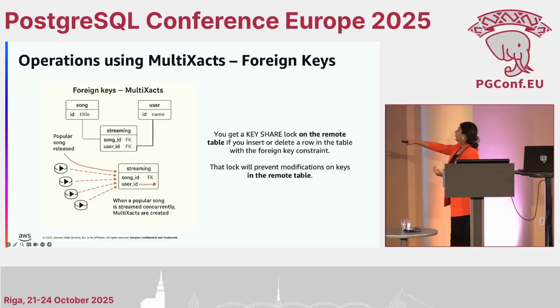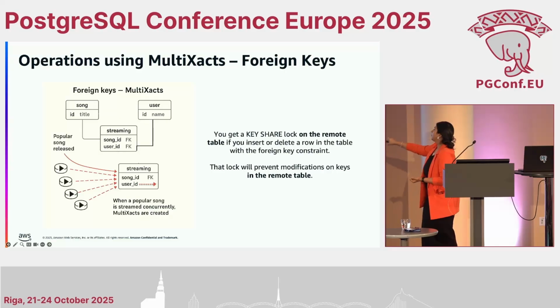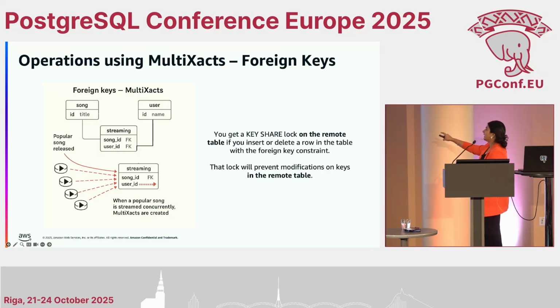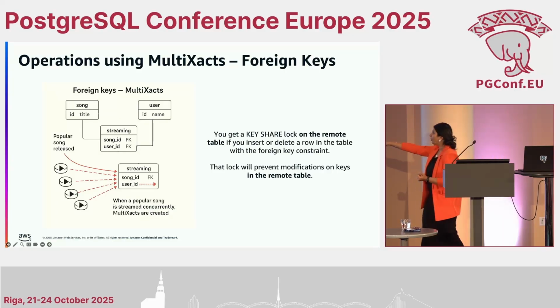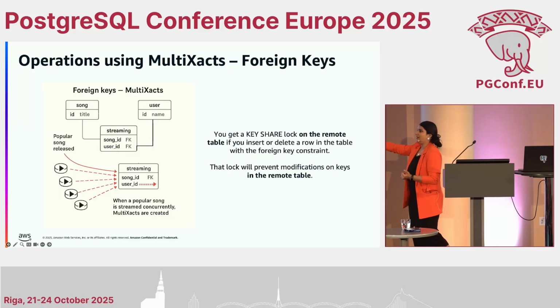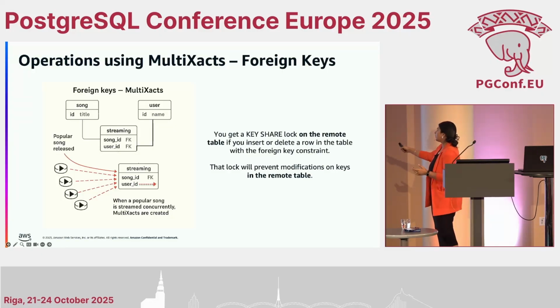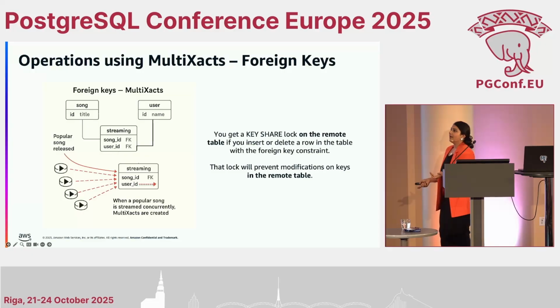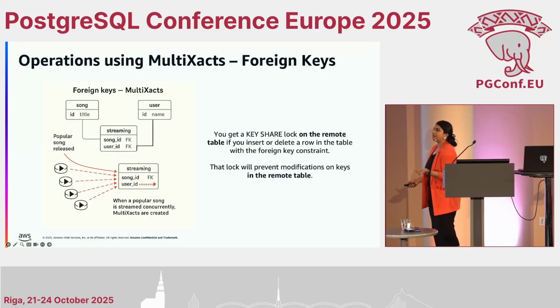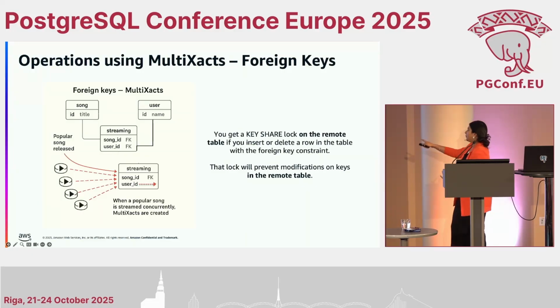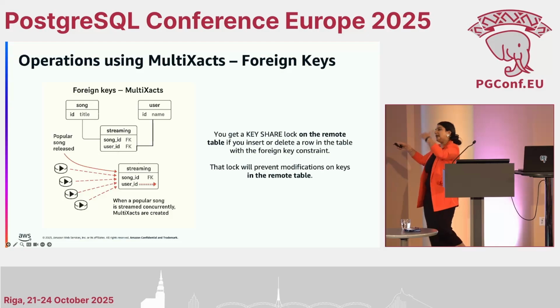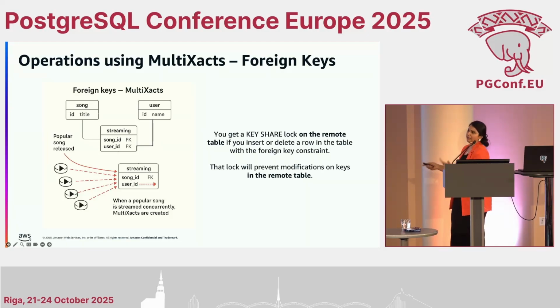Now, you get a key share lock on the remote table if you insert or delete a row on the table with a foreign key constraint. So because the streaming table has foreign keys from song and user, you will see locks on the parent tables. And those locks will be key share locks. So that lock will prevent modification on the keys in the remote table, in the song and the user table. But that's when you would also see multi-exacts.